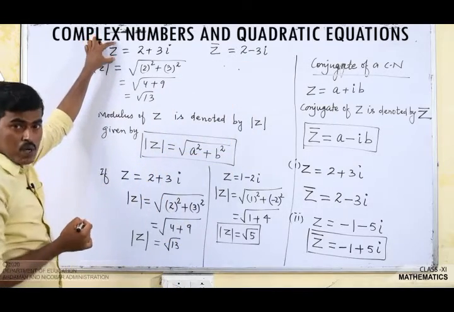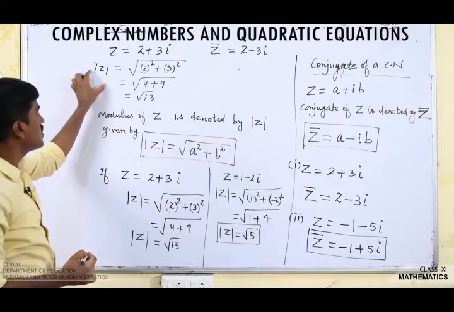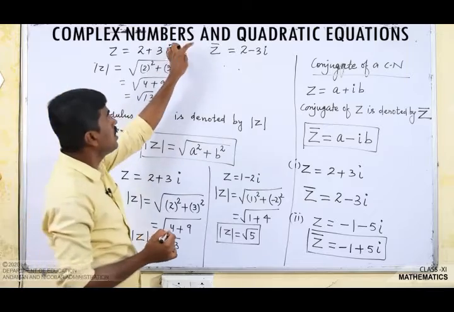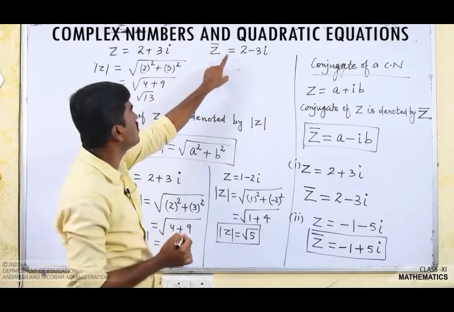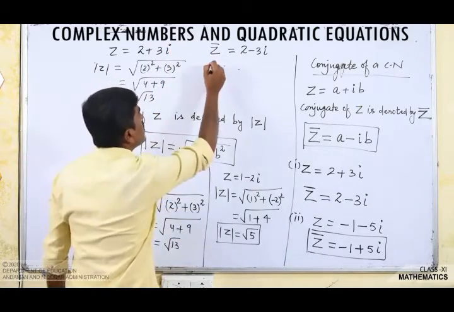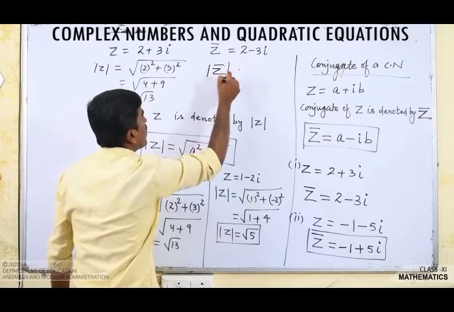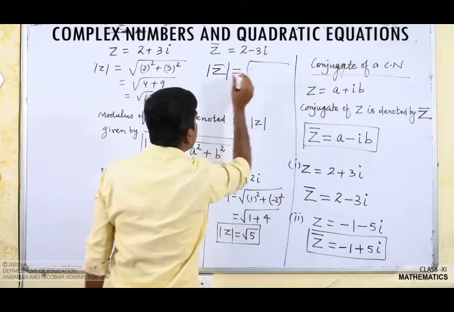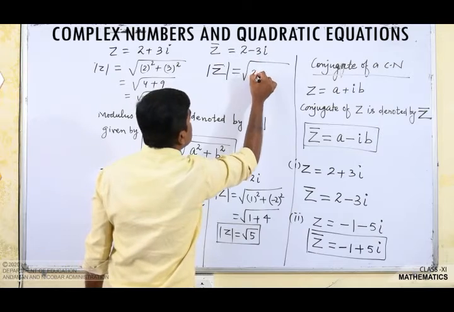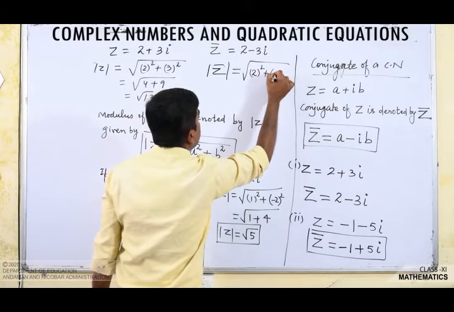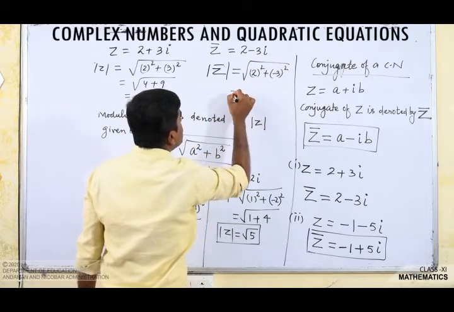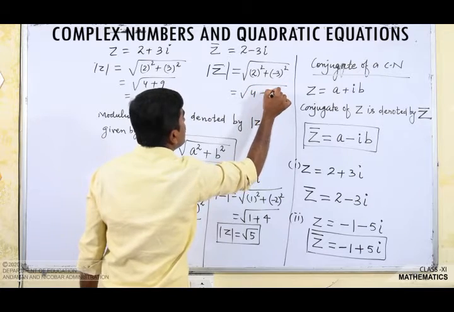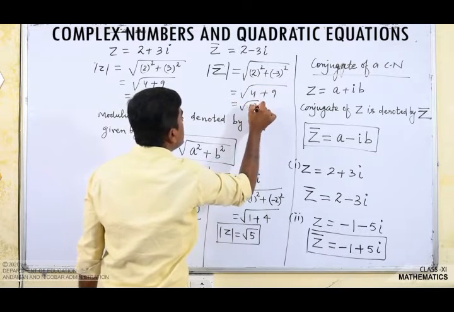For this complex number z, mod of z is equal to root 13, and now I am going to write z bar is equal to 2 minus 3i. So what is the modulus of this z bar? Mod of z bar is equal to root over 2 square plus minus 3 whole square, so it is also equal to root over 4 plus 9, that is root 13.